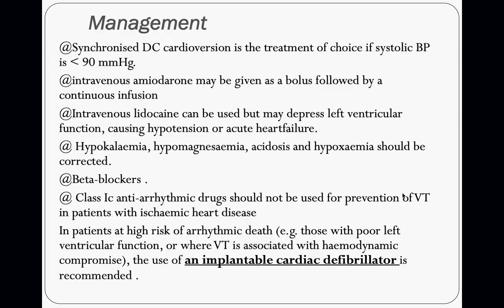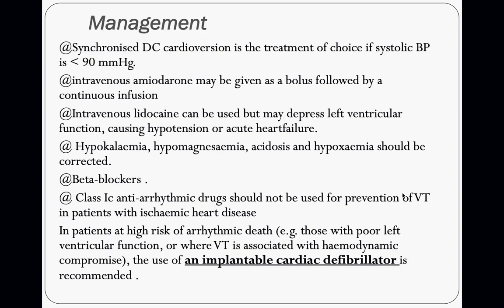Now, next slide, we talk about the management of VT. VT is almost always an emergency situation and a life-threatening condition, so it should be treated urgently by synchronized DC cardioversion if systolic blood pressure is less than 90.